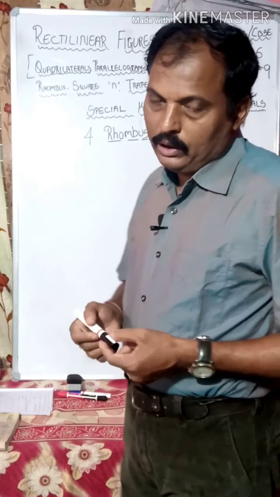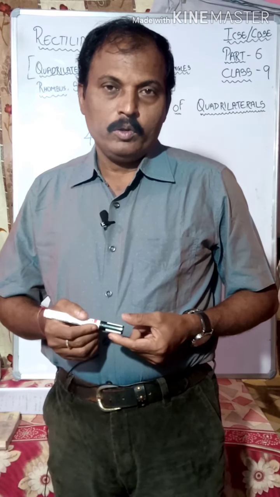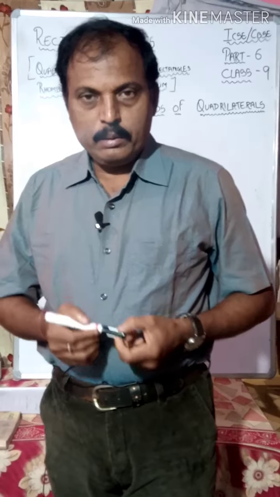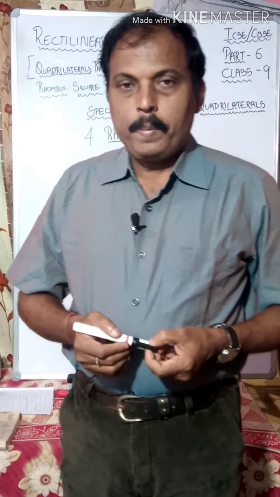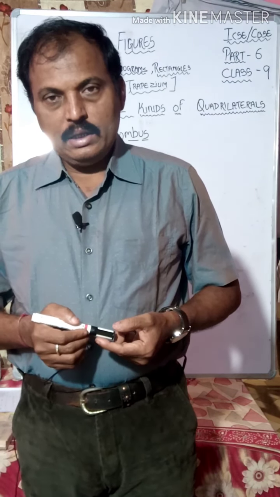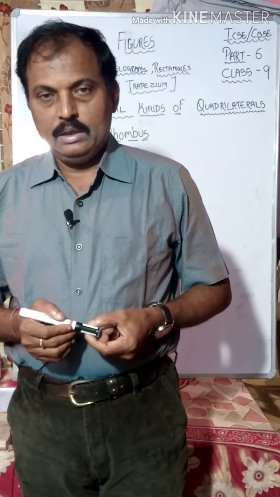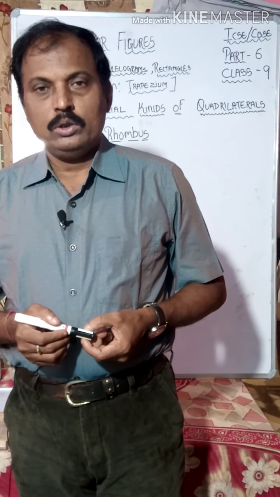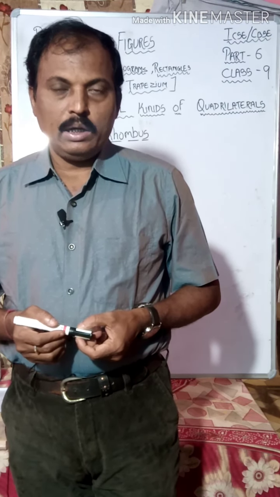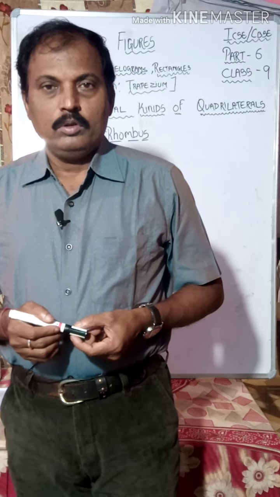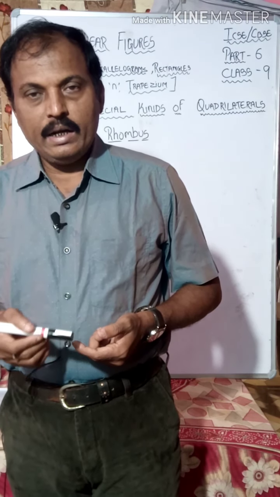What are the terms relating to rhombus? We know the terms relating to trapezium, isosceles trapezium, parallelogram and rectangle. I always said that the parallelogram is a very important turning point before we go to the rectangle, rhombus and square, because rectangle, rhombus and square are also parallelograms. If you haven't seen that video, please see it again and again.